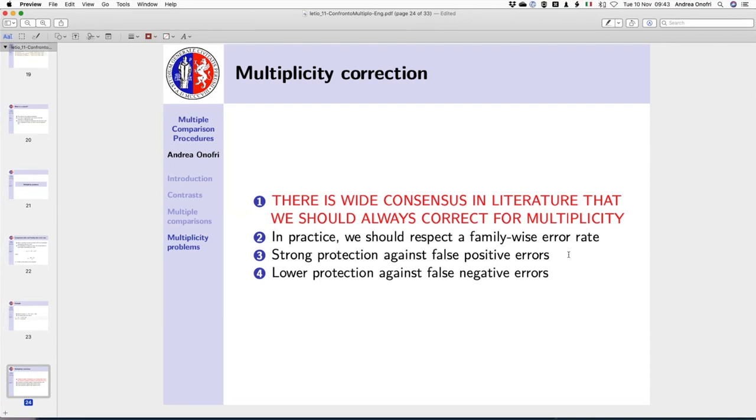I don't know whether it's going to change in the future, but so far we organize experiments to reject hypotheses, and we need to adopt strong protection against false positive errors, which leads us to adopting corrections for multiplicity. And how do we do that?